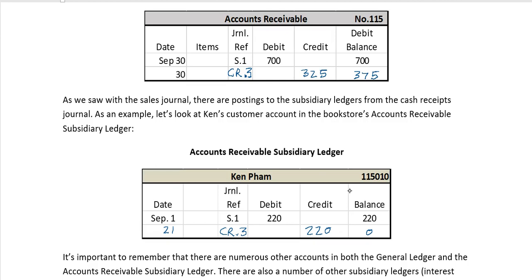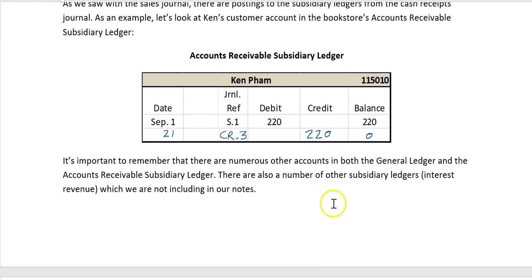As the other customers make payments, we would also update their AR subsidiary ledger balances. So we want to keep close track of who owes us money and how much. This is just one example of how you update it. It's a pretty straightforward and repetitive process, so we won't pursue the other 3 in this video.